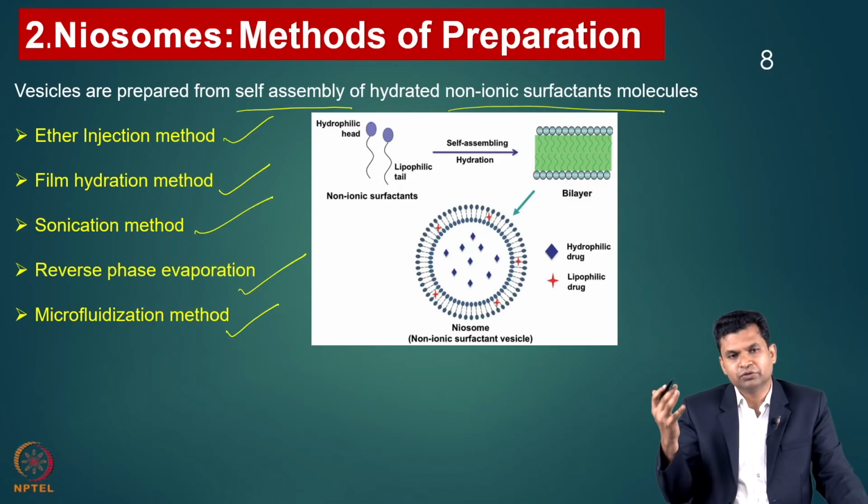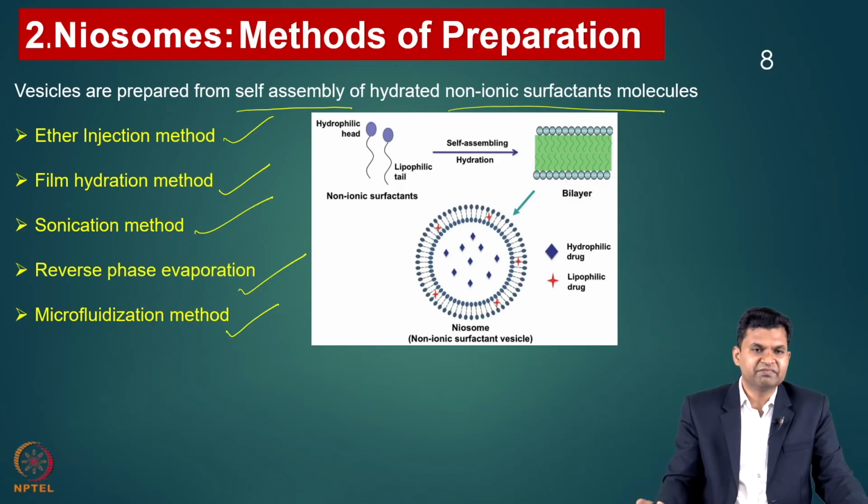So, you can refer to our previous lecture on the liposomes. Now, how will we develop it by this general method? With this we can understand how we can prepare stable niosomal preparations.